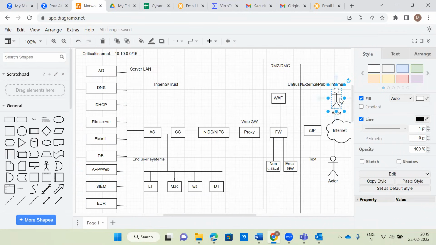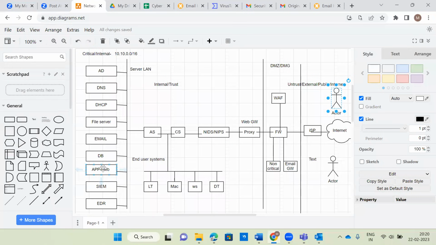Now this student is trying to apply for a job. In that scenario, the request comes from the internet to the ISP router, to the Infosys firewall, to the Infosys proxy, to the NIDS/NIPS, to the core switch, then to the access switch, to the app web server.